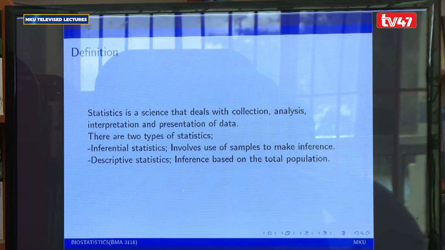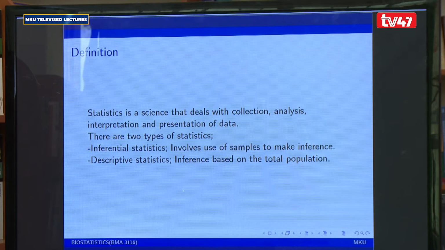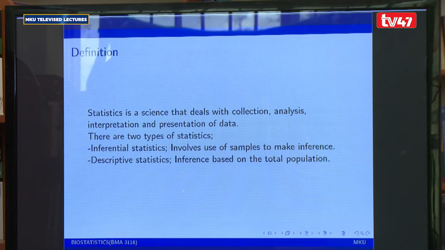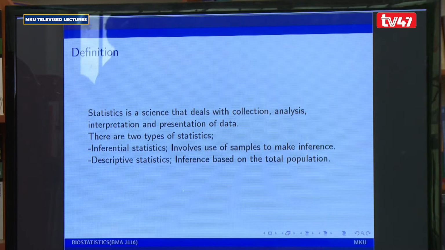of statistics. Now, there are two major categories of statistics. One is inferential statistics, where we make inferences or conclusions based on samples. In the next step, we are going to define what samples are and how they are different from a population. The other type is descriptive statistics, which studies the conclusions made based on the total population.